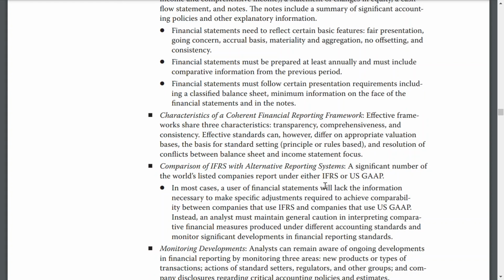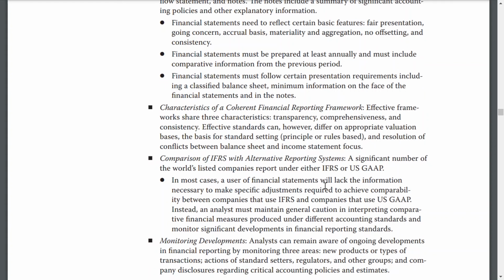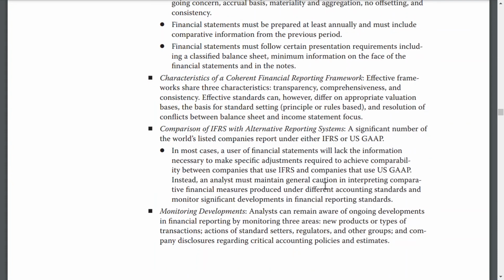Characteristics of a coherent financial reporting framework: effective frameworks share three characteristics: transparency, comprehensiveness, and consistency. Effective frameworks can, however, differ in the appropriate valuation basis, the basis for standard setting, and the resolution of conflicts between balance sheet and income statement focuses. Comparison of IFRS with alternative reporting systems: a significant number of the world's listed companies report under IFRS or US GAAP.